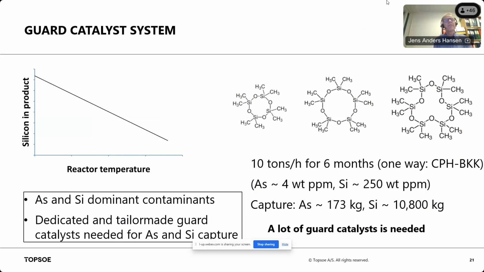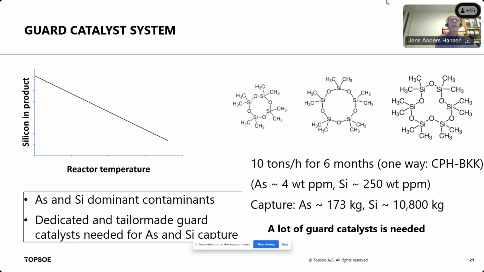And if we process 10 tons of pyrolysis oil per hour, and we do that for 6 months in order to fuel this plane from Copenhagen to Bangkok one way, then for a 6 month period we have to trap more than 10 tons of silicon. And you can also see the amount of arsenic here. So we can see that this pyrolysis oil is heavily contaminated, and you have to remove a lot of silicon in order to be able to process this.